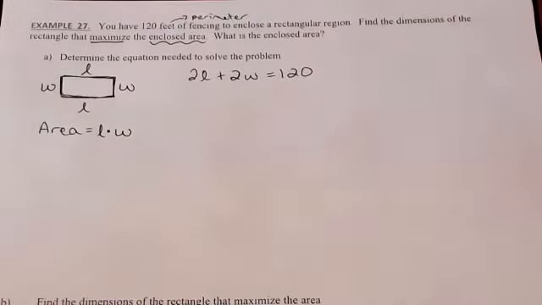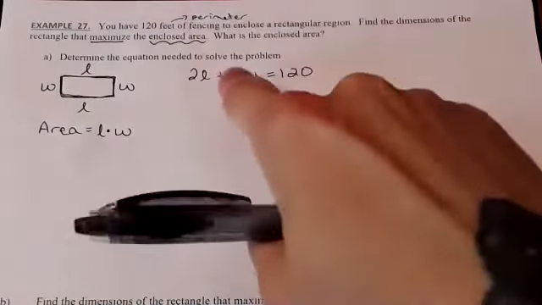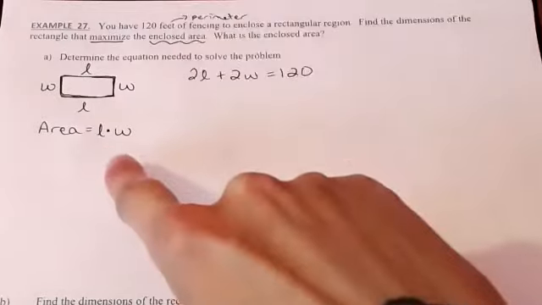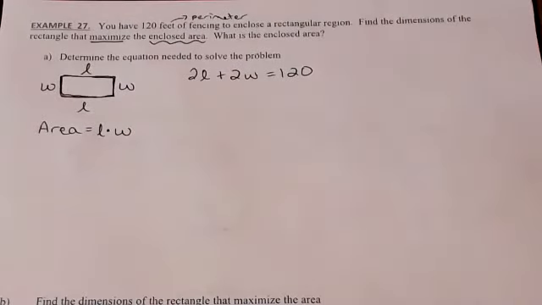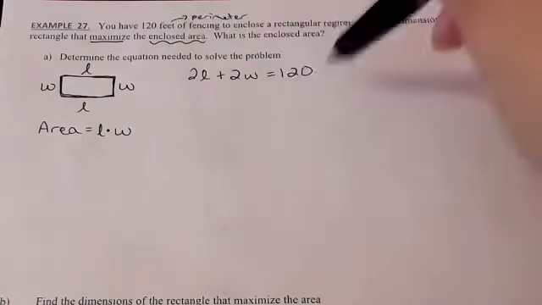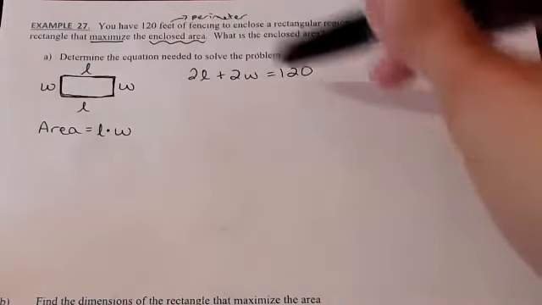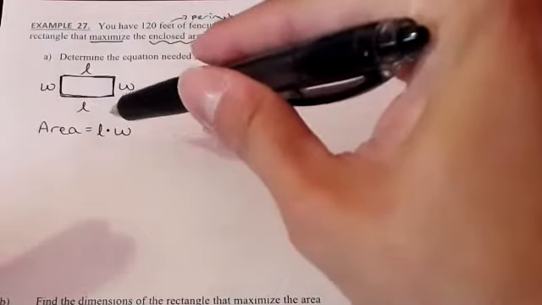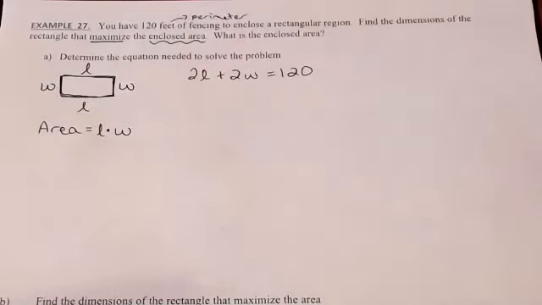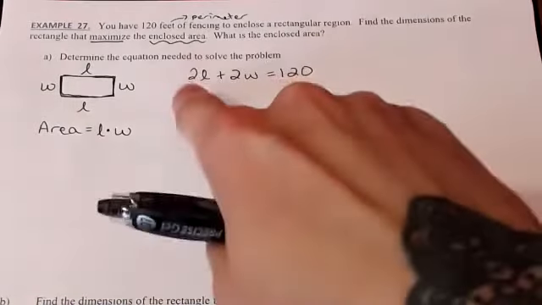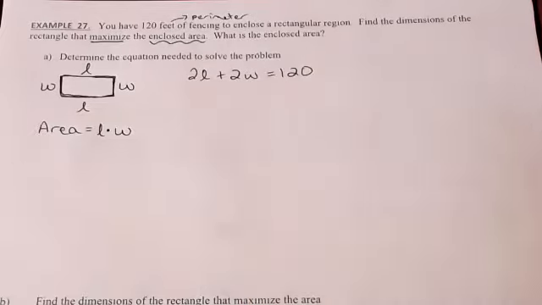Very interesting. Somehow I've got to go from here to there. So check this out. If I want to use this information to represent my equation for area in one variable, that means I want to solve for either L or W, and it doesn't matter which one.